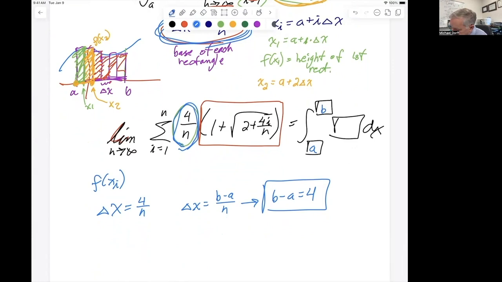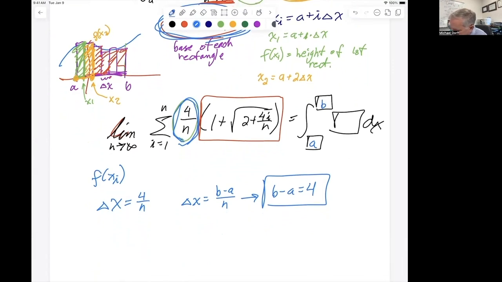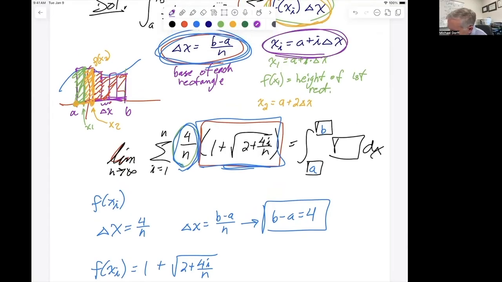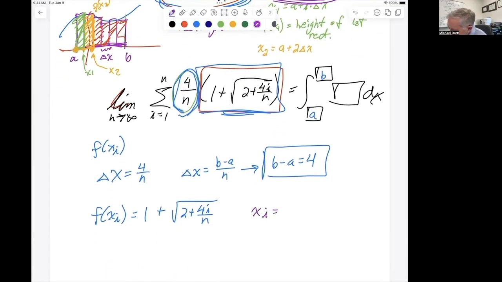So if that's delta x, then f of x sub i is going to be this other part here, which is going to be 1 plus the square root of 2 plus 4i over n. Now, I need to look at this and say, remember that up here we had x sub i equals a plus i delta x.